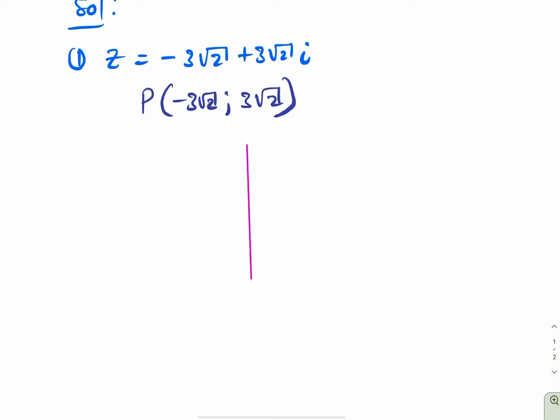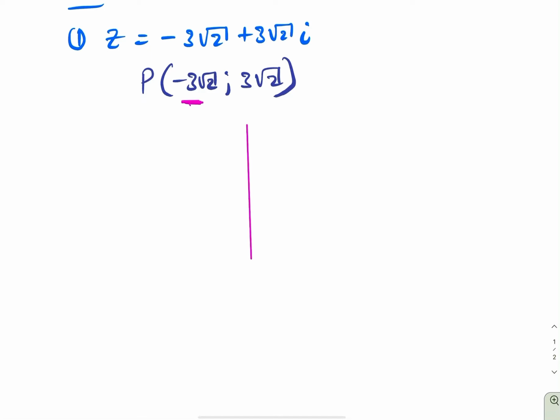If you look at it, I have a negative value for x and a positive value for y. That means I'm going to draw this in the second quadrant. So I'm going to have my triangle like this. Let me draw it nicely.